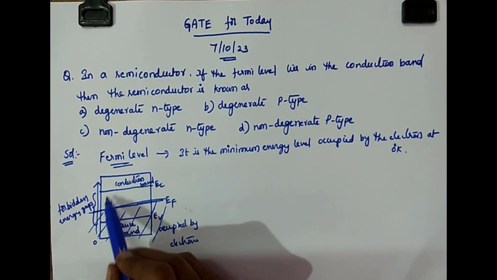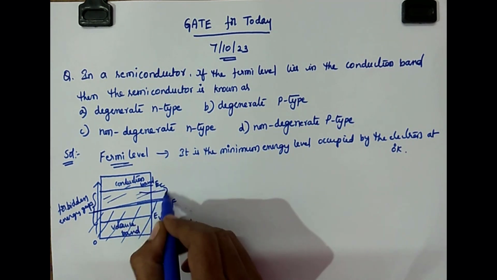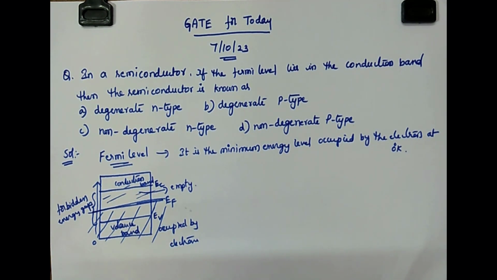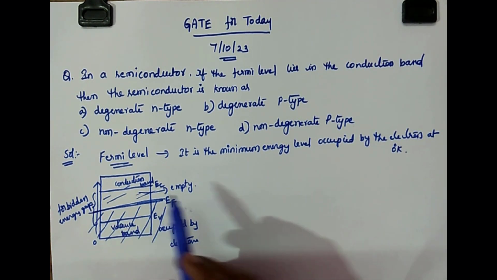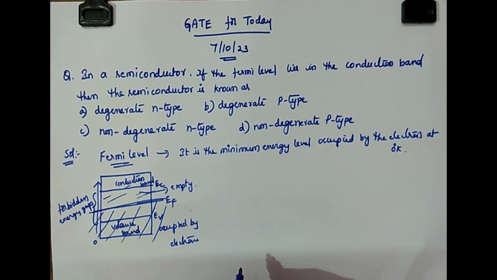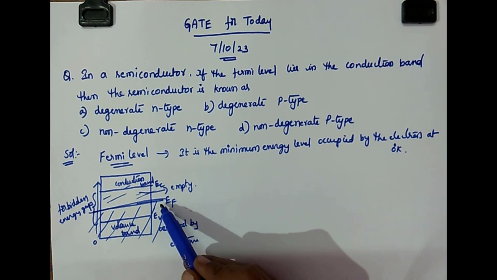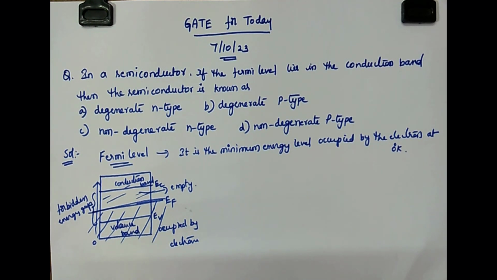All the energy levels above this Fermi level are empty. So this is the Fermi level occupied by the electrons at 0 degree K. Above the Fermi level, all the energy states are empty, and below the Fermi level, all the energy states are filled. That is Fermi level.